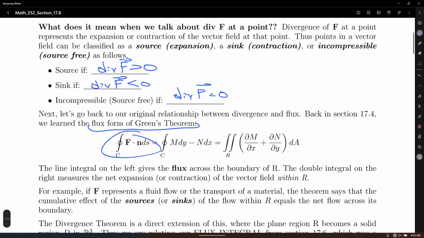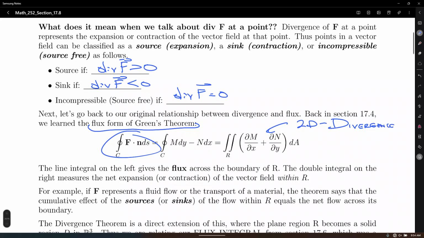That's because we're looking at the projections of the forces going in the direction of the normal direction along the parameterized curve. And in this case, rather than finding partial N with respect to x minus partial M with respect to y, this time it's partial M with respect to x plus partial N with respect to y. What is this? The two-dimensional divergence.